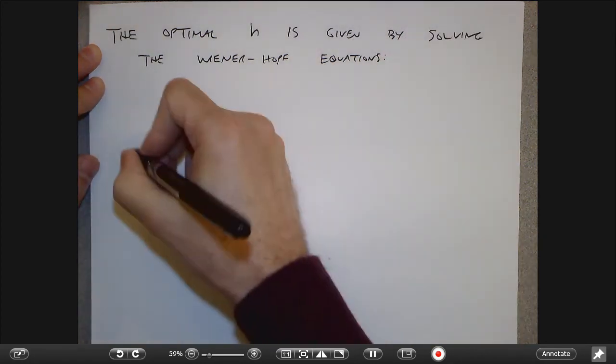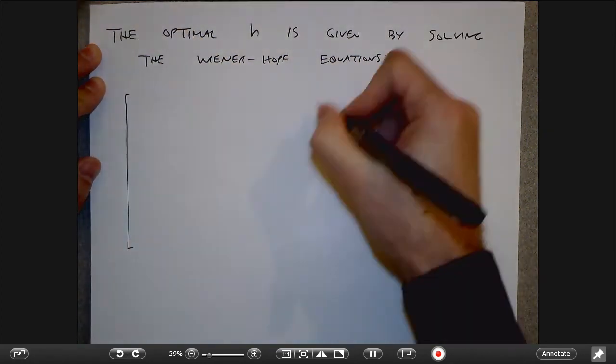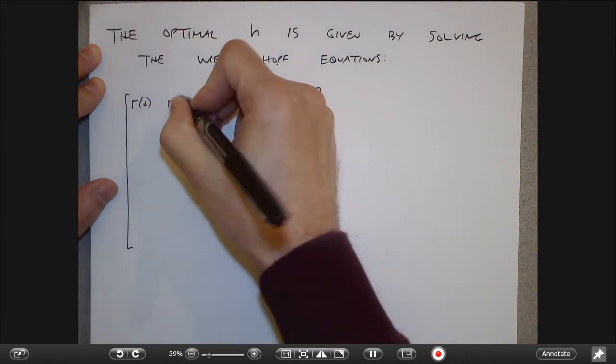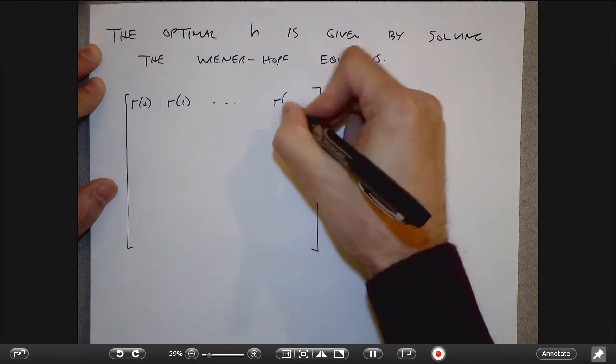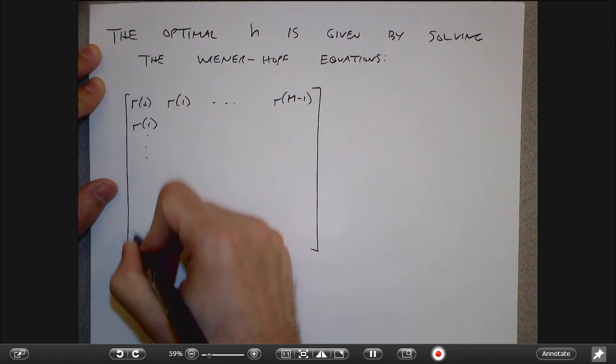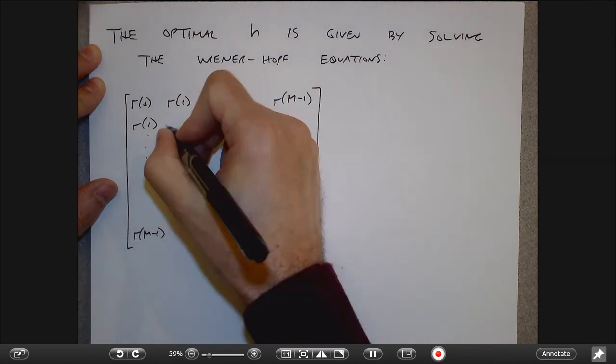Basically that meant that we had a big matrix R, the autocorrelation matrix, which has this special structure.